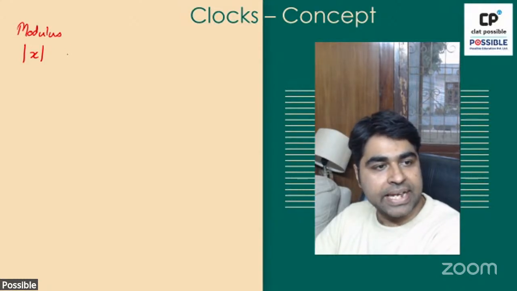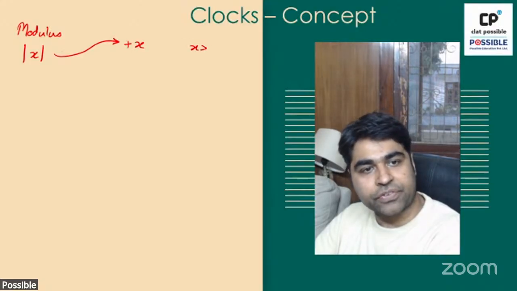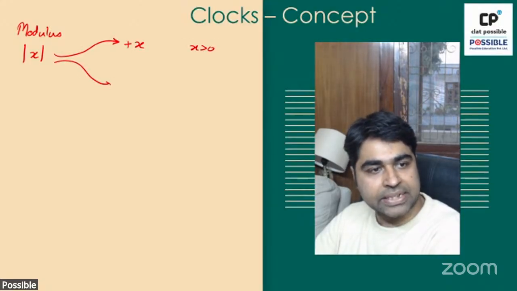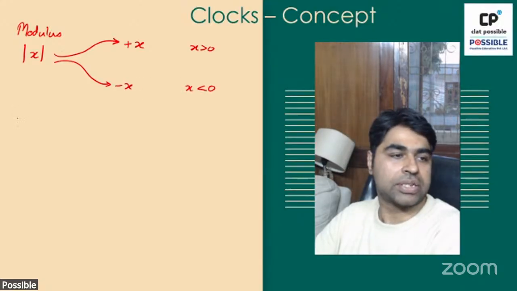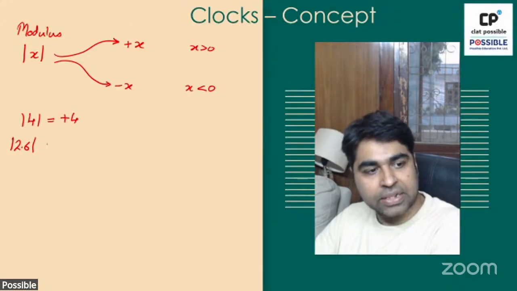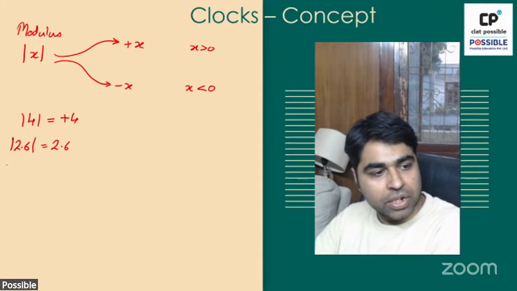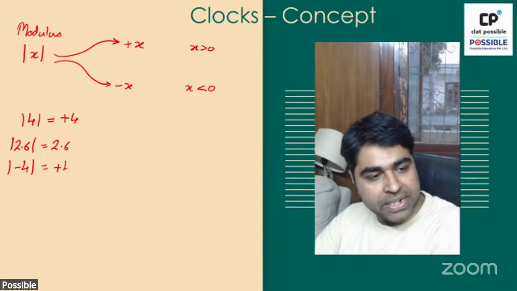So modulus of x is plus x if x is positive. It is minus x if x is negative. Something like mod of 4 will be 4. Mod of 2.6 will be 2.6. Mod of minus 4 will not be minus 4, but plus 4.